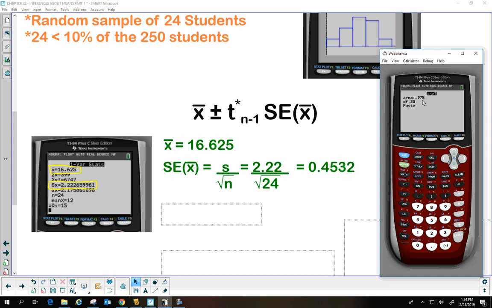I take the number of people in my sample and subtract 1, so 24 minus 1 gives me 23 degrees of freedom. My calculator would tell me that my t star value is close to 2.068, and I round it up to 2.069.